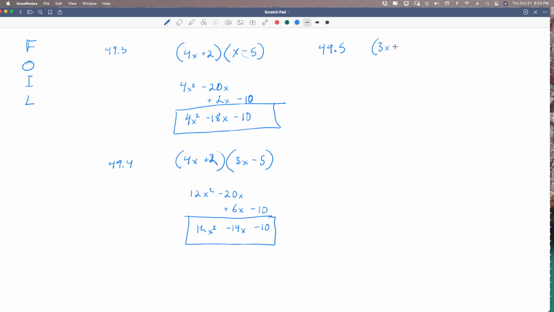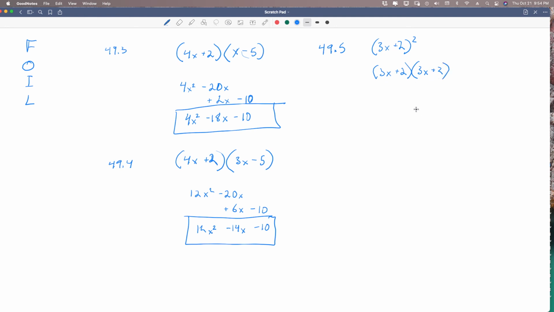3x plus 2 squared. So how do we do this one? Well, if it's 3x plus 2 and the whole thing is in parentheses and it's squared, then we have to do the whole thing twice. So 3x plus 2 times 3x plus 2.